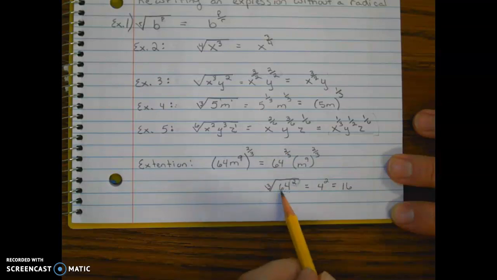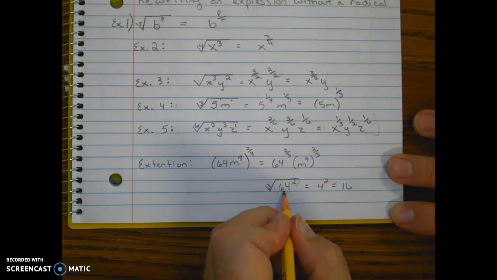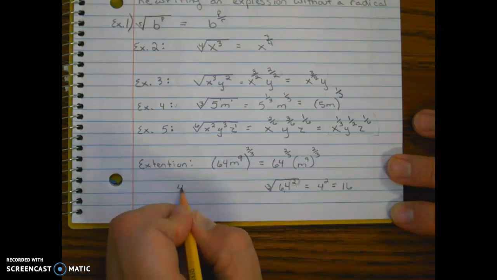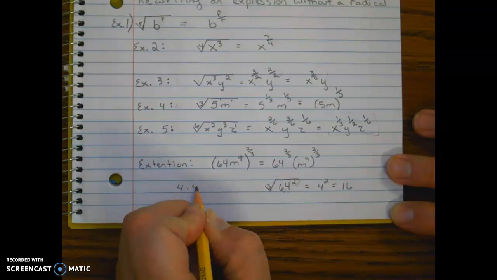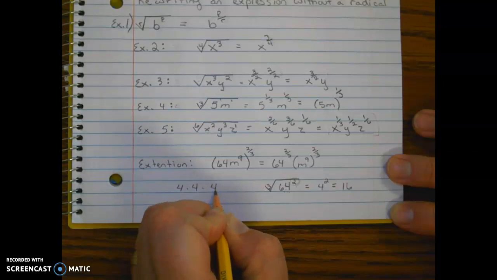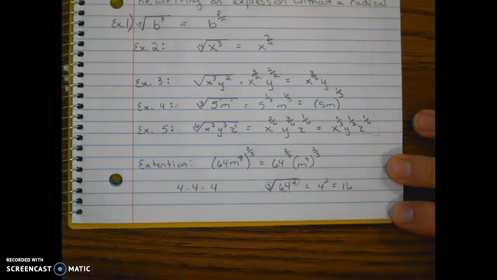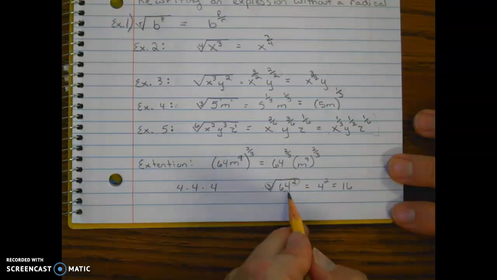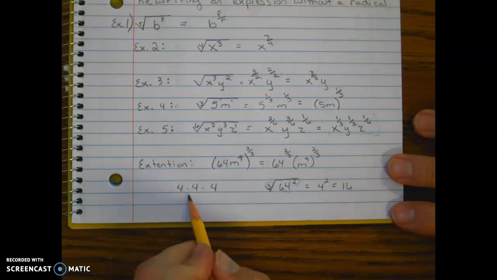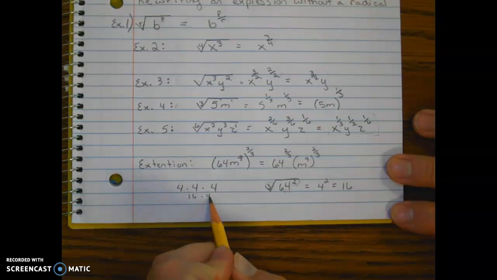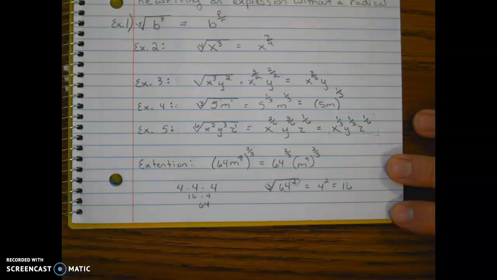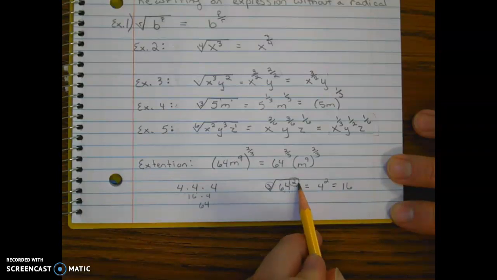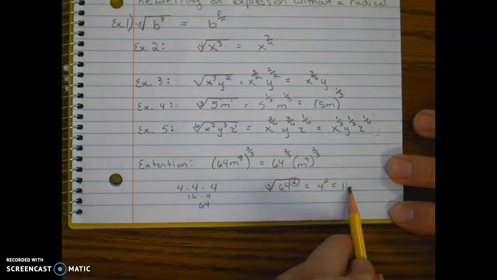If you're not sure how cube root works, you would just need to find a number that you multiply times itself 3 times to get 64. Since 64 is a perfect cube, 4 times 4 times 4 is 64. So the cube root of 64 is 4. And then we can square that, and we get 16.